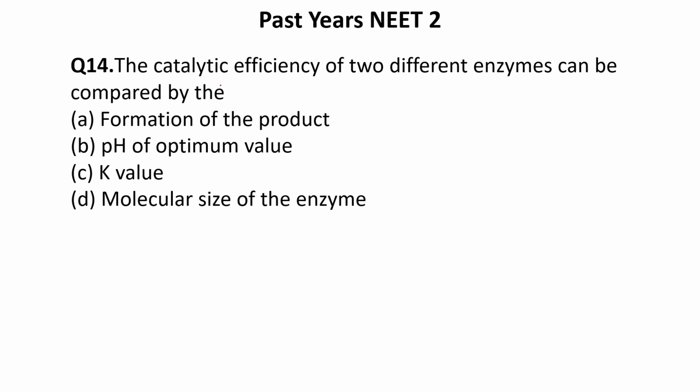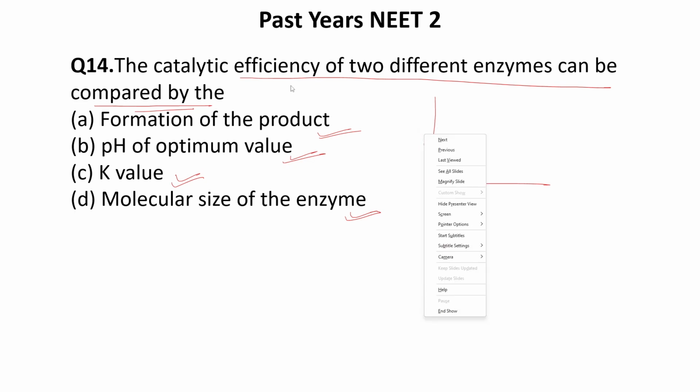Next question. The catalytic efficiency of the two different enzymes can be compared by formation of the product, pH optimum value, K value, and the molecular size of the enzyme. If you remember the graph, substrate and velocity.